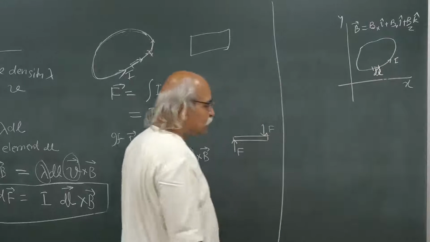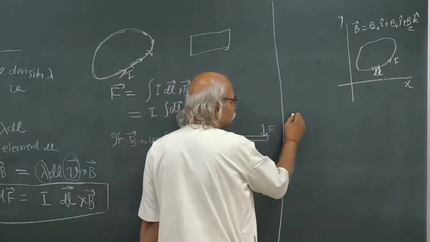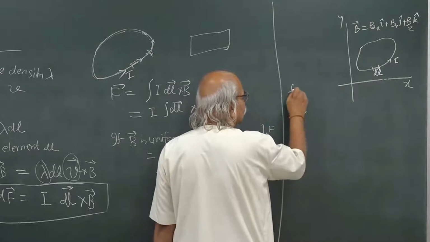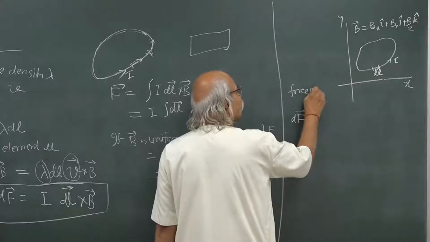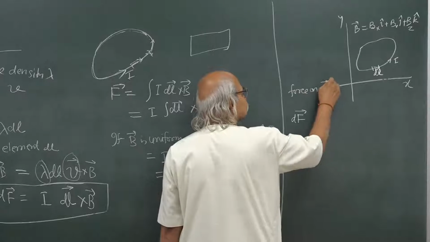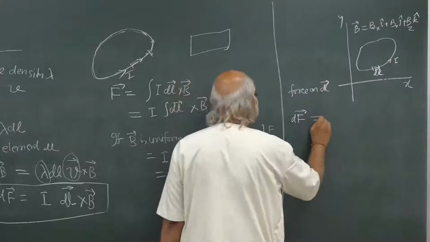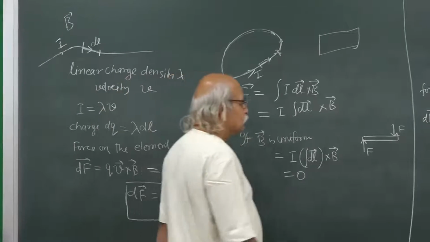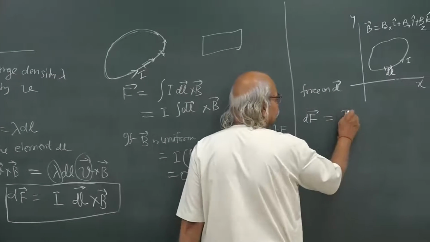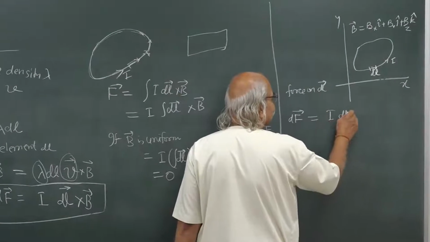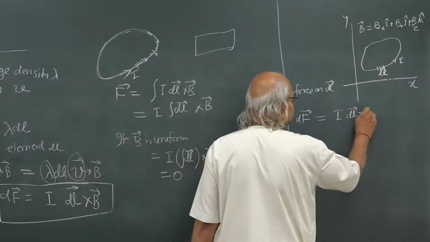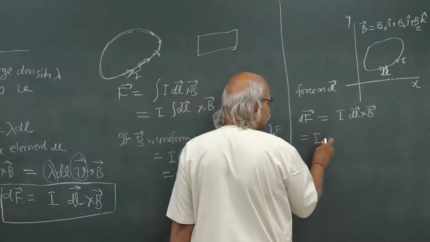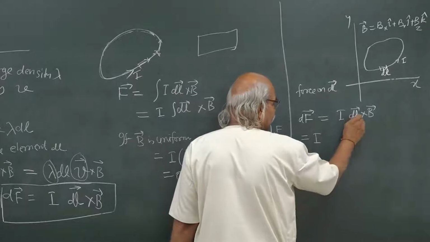So what will we do? We will first write force on this dl, and that will be, as we did here, I dl cross B. So I and then dl and cross B. Now this dl you can write as dl vector.